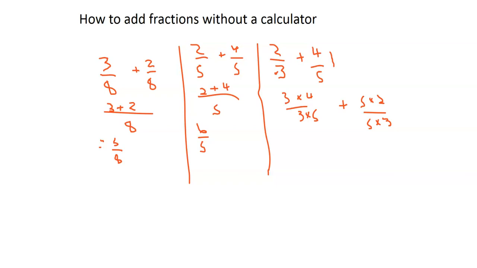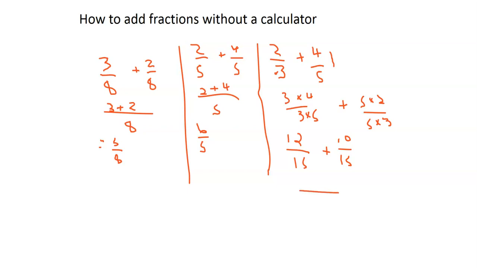So from this side, it will be 3 times 4, that will be 12. I know I'm speaking the answer ahead. 3 times 4 is 12, and then 3 times 5 is 15. And then you add 5 times 2, that will be 10, over 5 times 3, that will be 15. Now we've got the same common denominator, so it becomes easy.